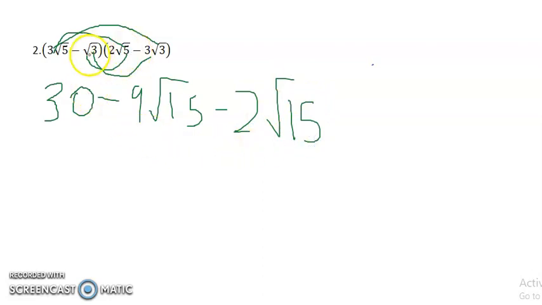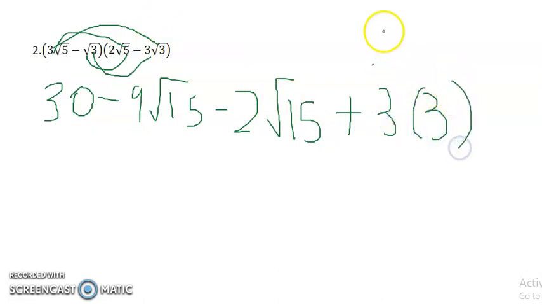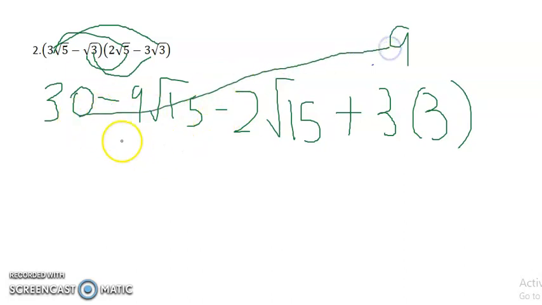Let's see. Minus root of 3 multiply minus 3 root of 3. We get positive 3. Then multiply another 3, which will simplify to 9. So then our final answer, we add these two. We add this, so we get 39. Then we do likewise minus 11 root of 15.